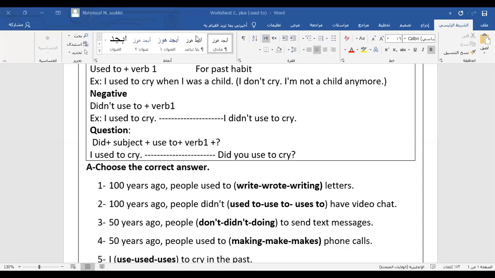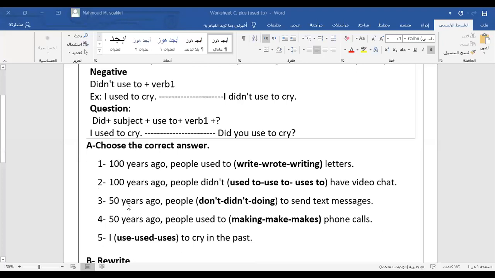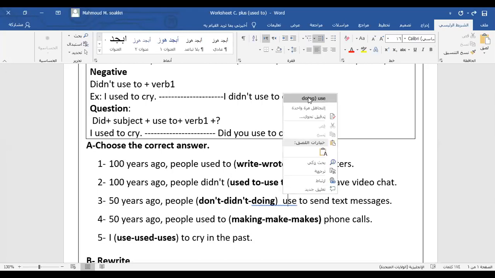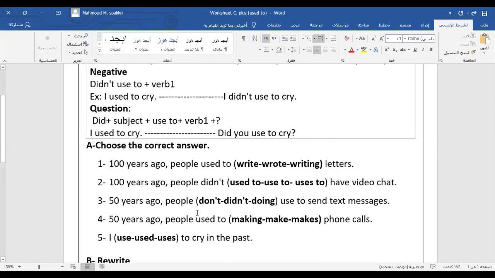Muhammad Hilmi. Yes, Muhammad Hilmi. Next one. 50 years ago, people don't used to or didn't used to or doing used to send text message.